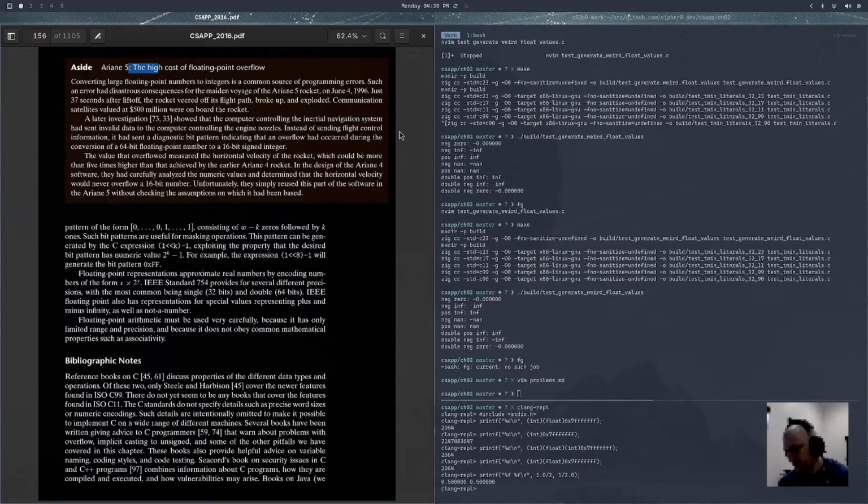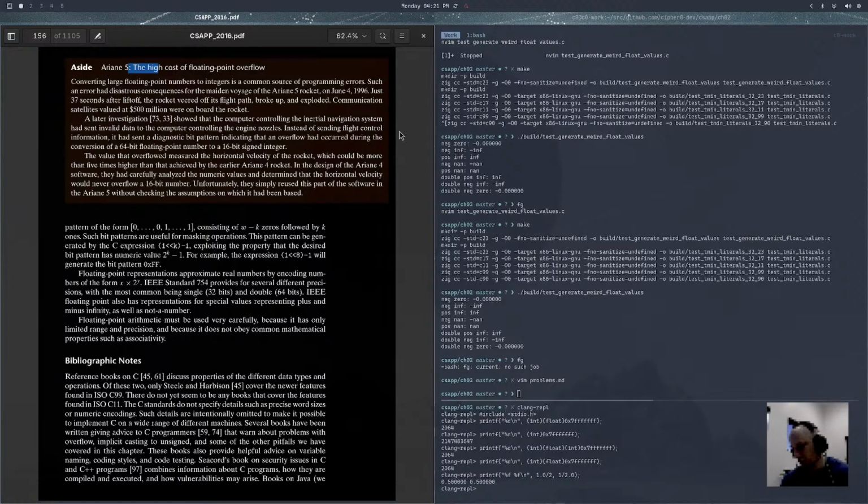Communication satellites valued at $500 million were on board the rocket. A later investigation showed that the computer controlling the inertial navigation system had sent invalid data to the computer controlling the engine nozzles. Instead of sending flight control information, it had sent a diagnostic bit pattern indicating that an overflow had occurred during the conversion of a 64-bit floating point number to a 16-bit signed integer.